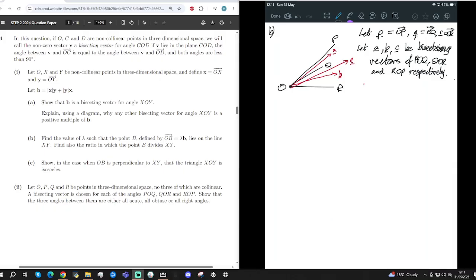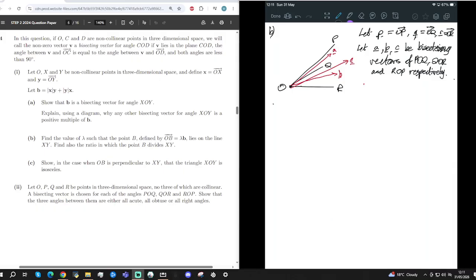So we want to show that if A dot B is positive, then B dot C is positive and C dot A is positive. That would be the condition where all of those angles are acute. If A dot B is negative, we want to show that B dot C is negative and A dot C is negative. And finally, if A dot B is 0, then the dot products will be 0.